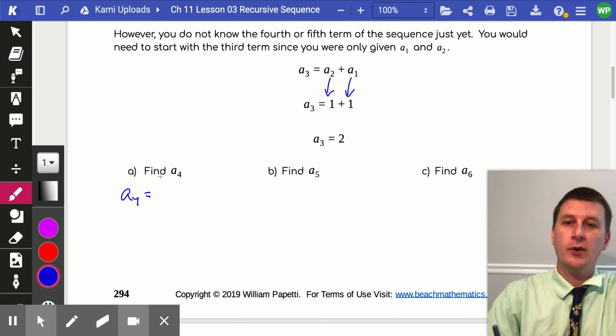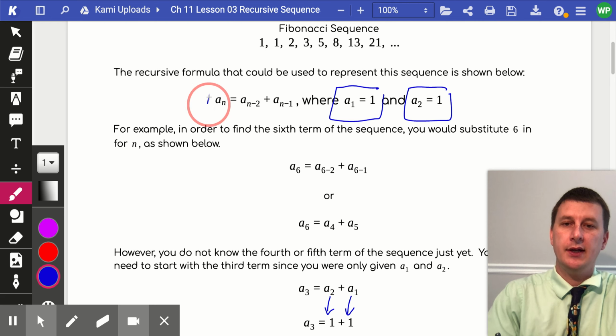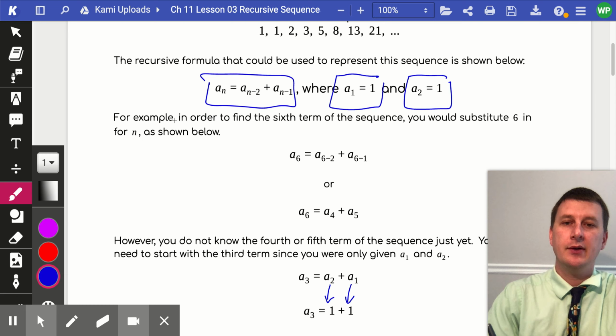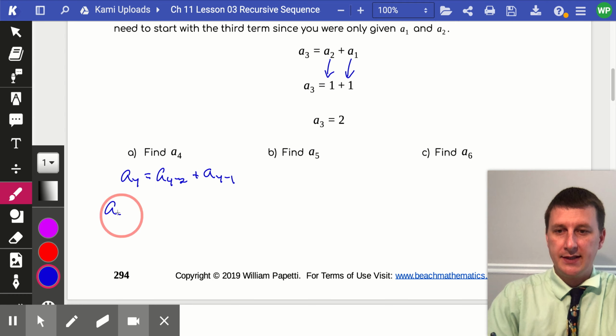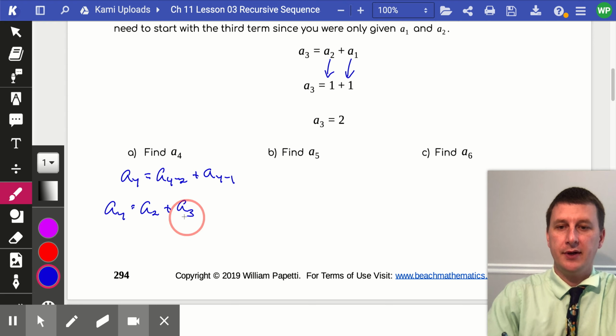Using that information, we're going to find a sub 4. Using our formula for the Fibonacci sequence, we're just going to substitute every time we see an n with a 4. So we're going to have a sub 4 minus 2 plus a sub 4 minus 1. That's a sub 2 plus a sub 3.